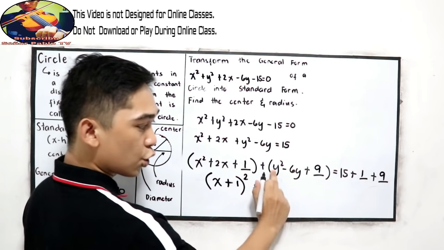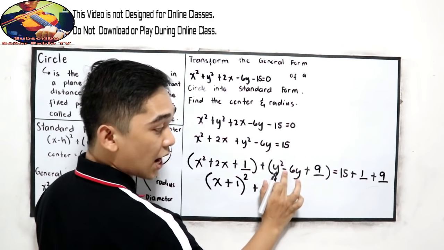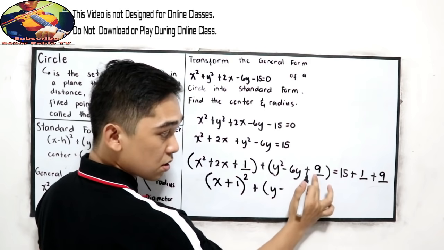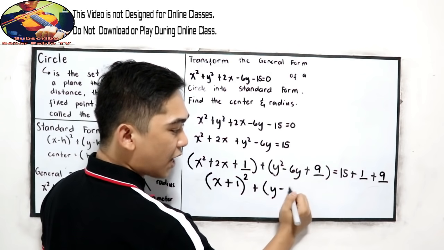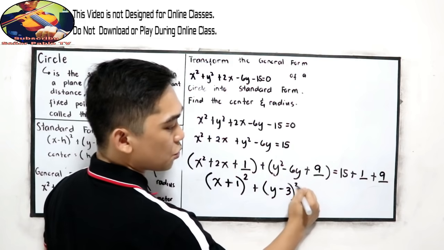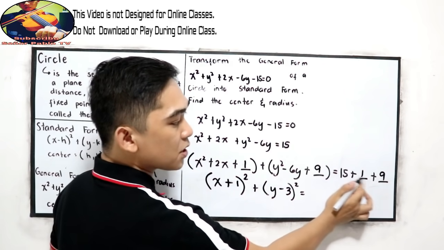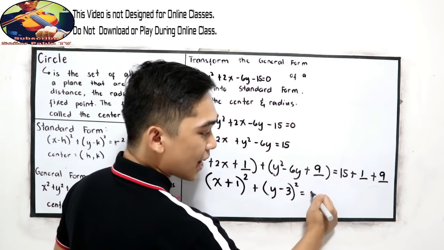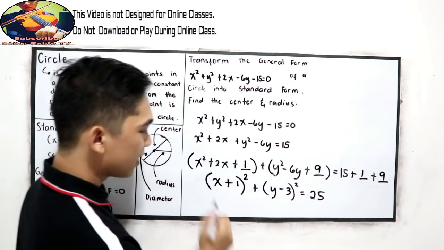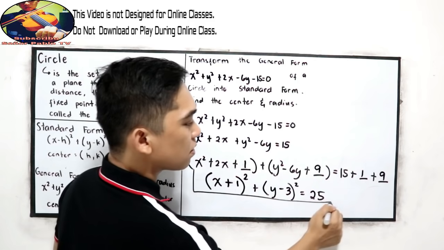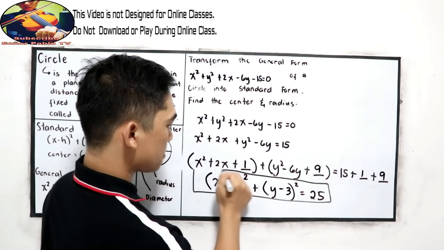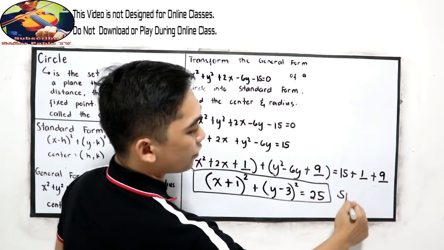Plus y, sign of the middle term, minus, square root of 9, 3, squared. Is equal to 15 plus 1 plus 9, that is 25. This is now our standard form.